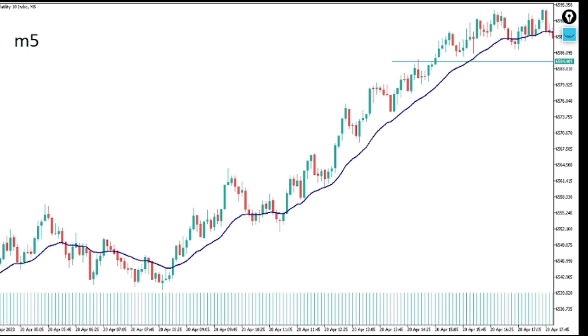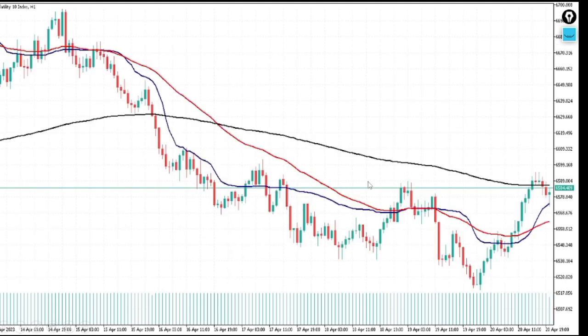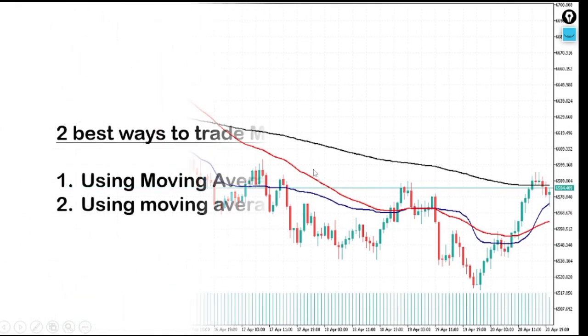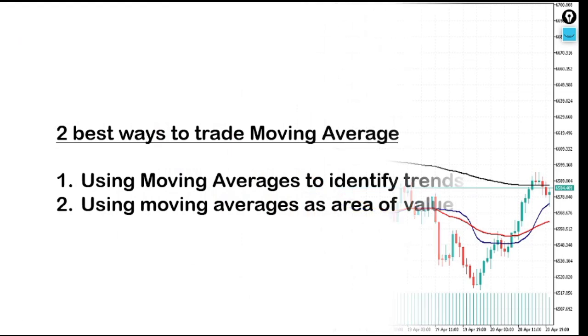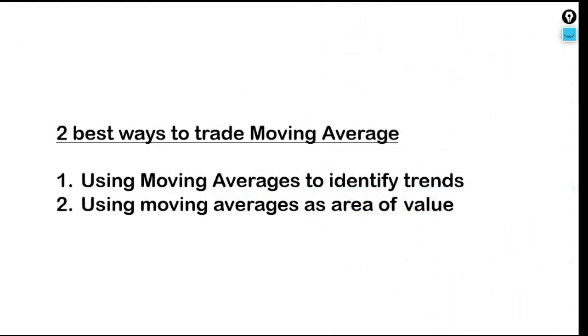First of all, be able to identify the trend, and then you can use this in multi-time frame analysis to make money, right? Now, the second way of using moving average is to use moving average as areas of value.